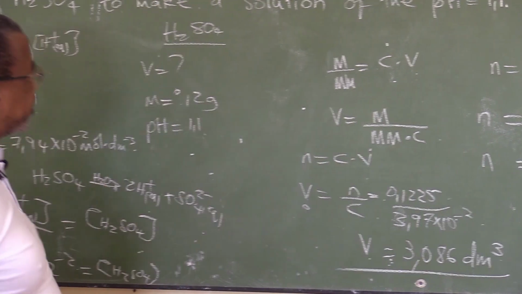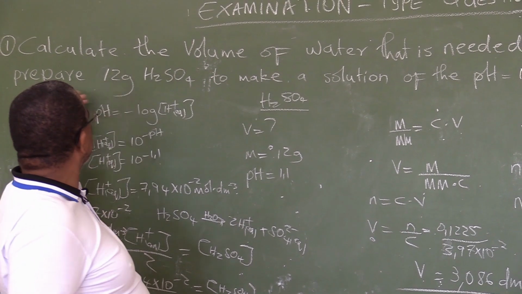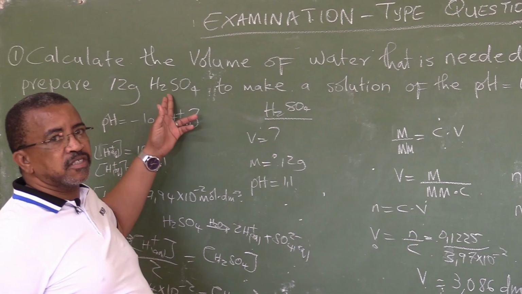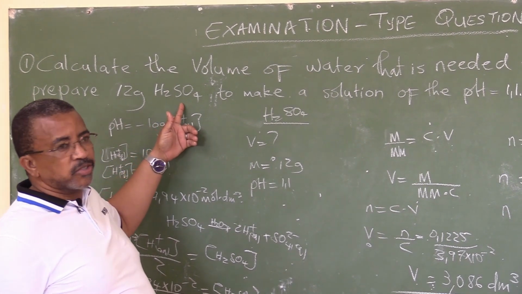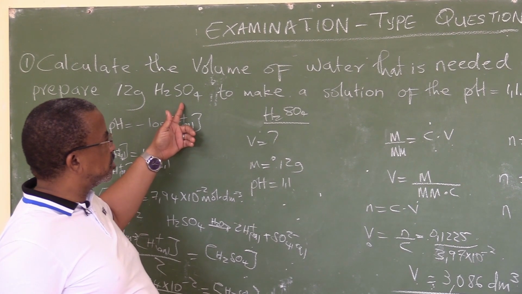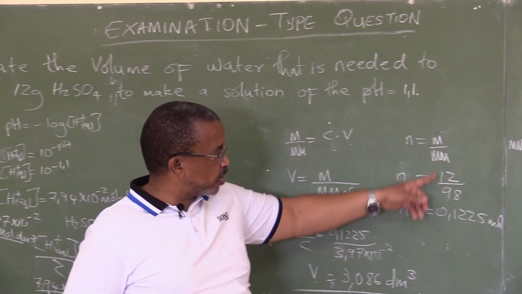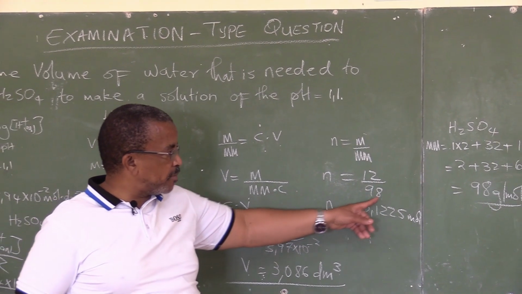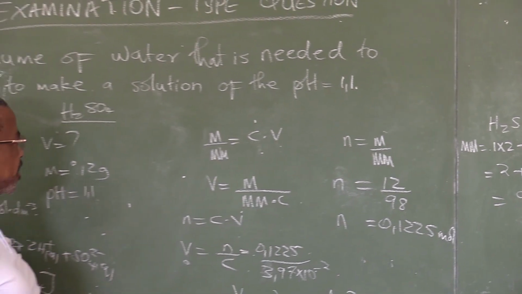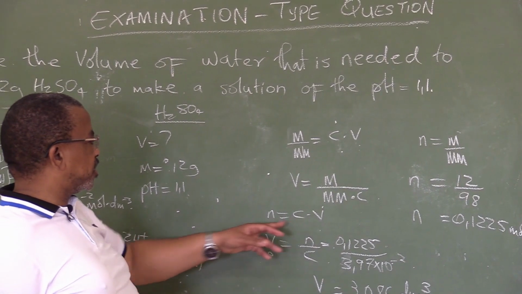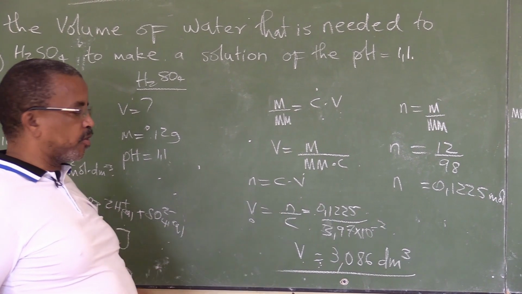Let us recap. We have calculated the volume of water that is needed to prepare 12 grams of sulfuric acid. We take 12 grams of sulfuric acid and find the number of moles using the molar mass. Now, the number of moles is concentration times the volume. So what is the volume? Number of moles over concentration.